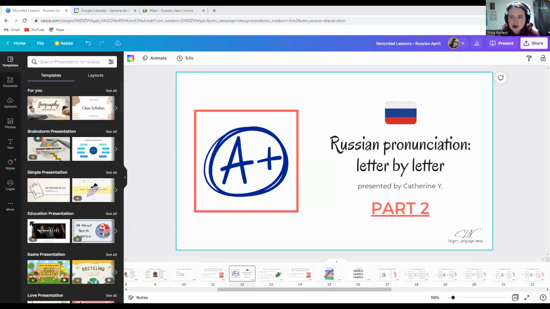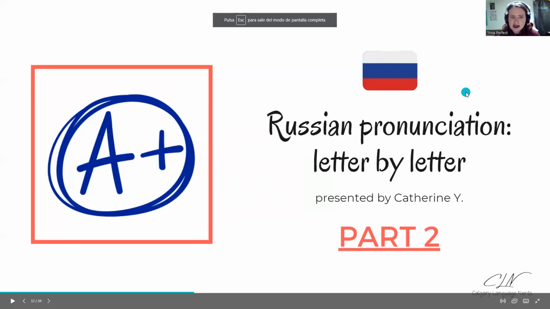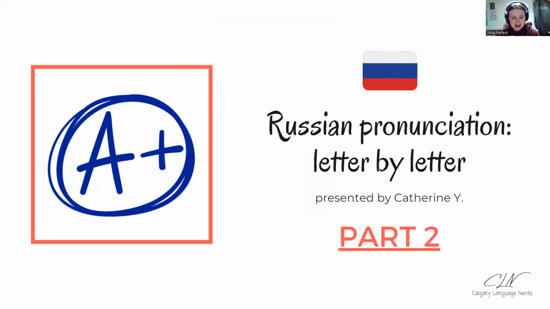All right, let me just share my screen. This is the second part of a three-recording lesson series on Russian pronunciation letter by letter, where we learn how to read and pronounce the letters of the Russian alphabet and how to make syllables with them.